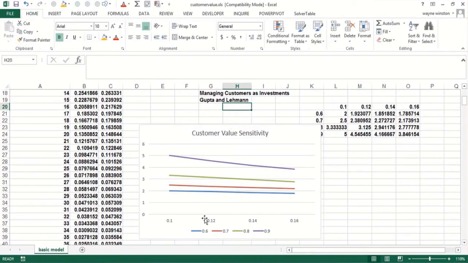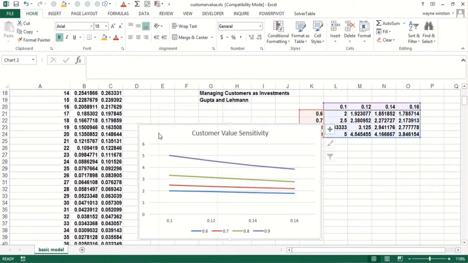On the x-axis, we've got the discount rate, and each curve is for a different retention rate. So you can see they're very far apart. When you have a 90% retention rate, the multiplier is really high, and at 60, 70, and 80, it's lower. But there's a huge increase going from an 80% retention rate to 90% retention rate for the multiplier, even as you vary the discount rate. Notice these curves are pretty flat. Increasing the discount rate doesn't have much effect on what's going on.